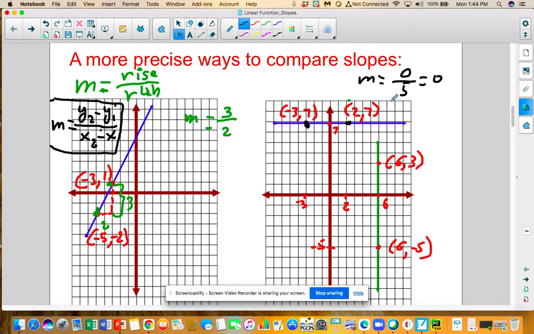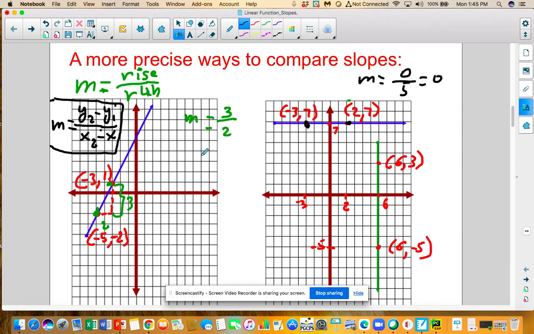So this confirms again why the slope of a horizontal line is 0. Because there's no vertical change, when we want to write it, we are always going to have 0 right here for the vertical change, and 0 divided by any number is 0.